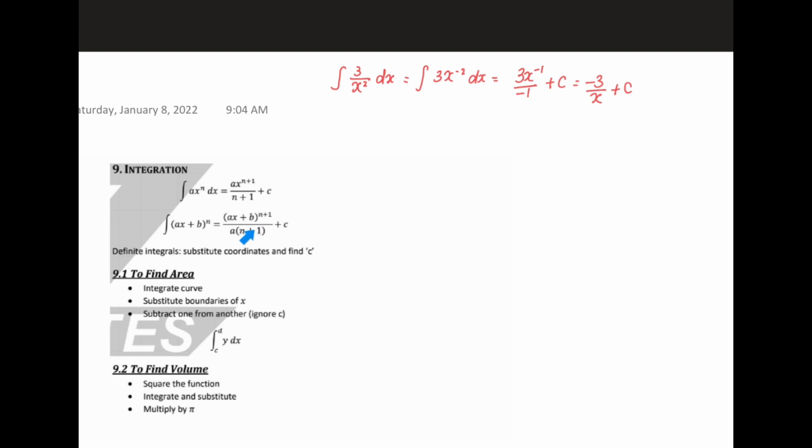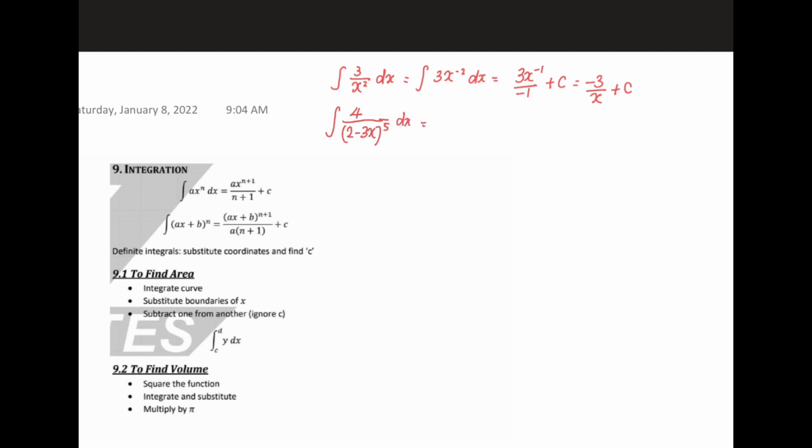Okay, so we have to divide by two things. The first one is the differentiation of the linear form, where we get a. The second thing is the new power. After you plus 1 to the power, then you divide by that. So let's say, for example, if I have 4 over 2 minus 3x to the power of 5.